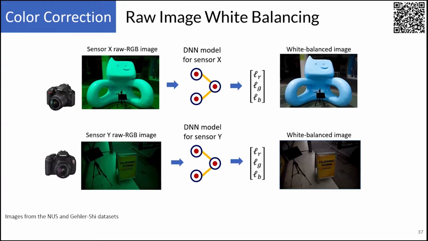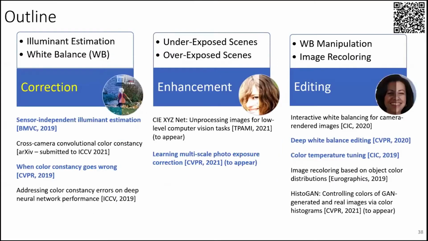This is a very tedious process, and that was the motivation for our first work here, which is sensor-independent illuminant estimation, where we need to develop some DNN-based illuminant estimator, but still be sensor-independent.